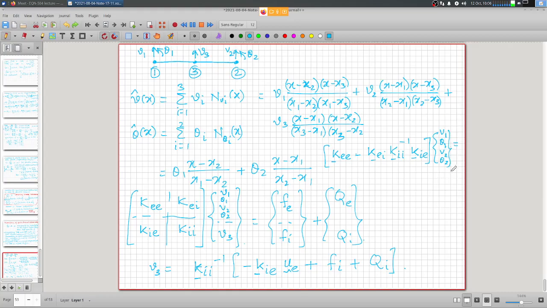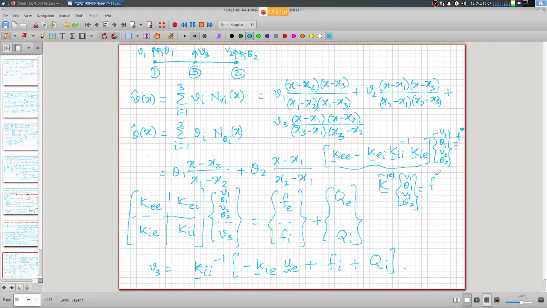And similarly there would be F star. So this is going to be the modified stiffness matrix K hat multiplied by the nodal deformations V1, theta 1, V2, theta 2, equal to the force vector, which will be modified by these contributions coming from here.